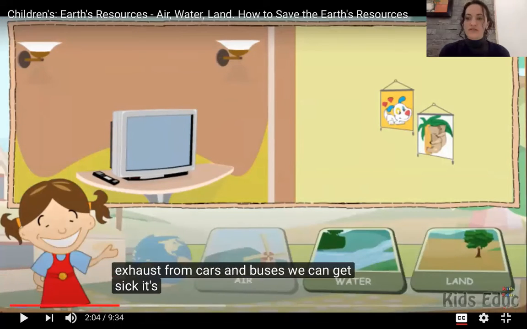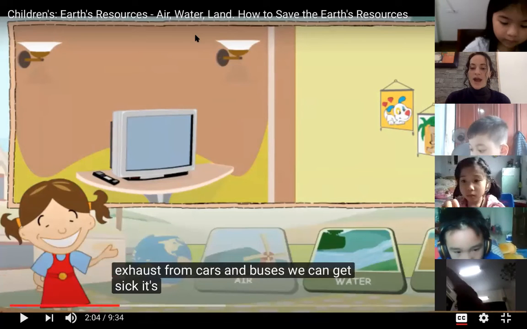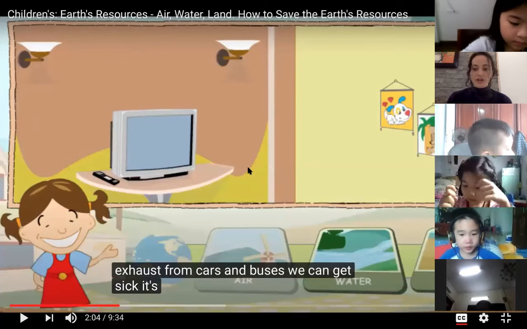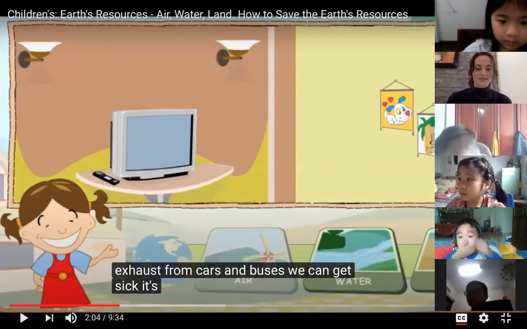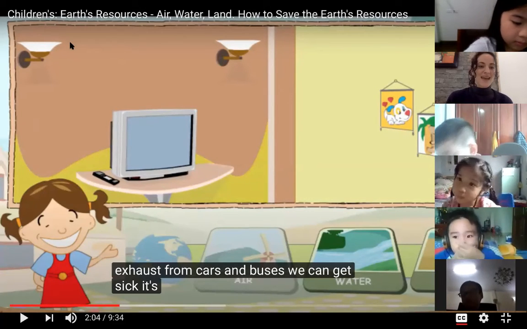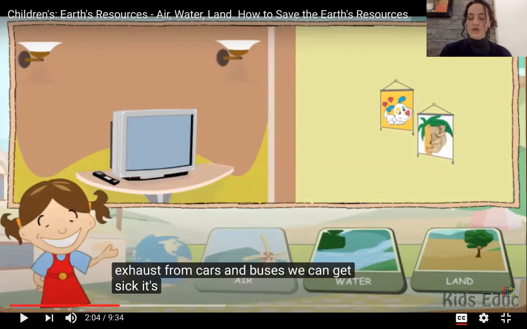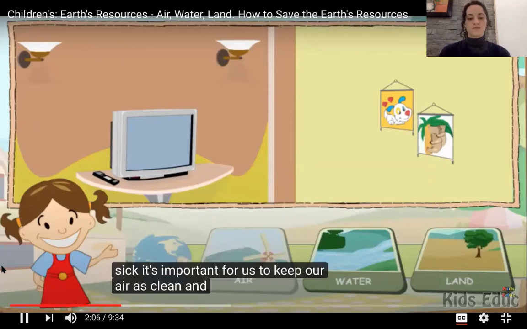What happens if we pollute the air? What happens if we make the air dirty? We can get sick. Excellent work. We can get sick because we're breathing in dirty air. It's important for us to keep our air as clean and fresh as we can.